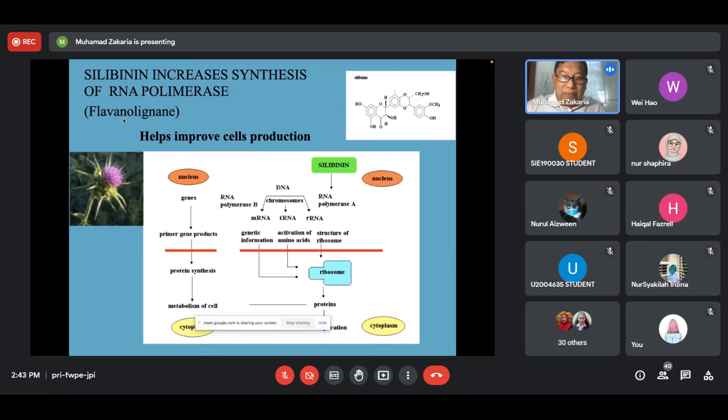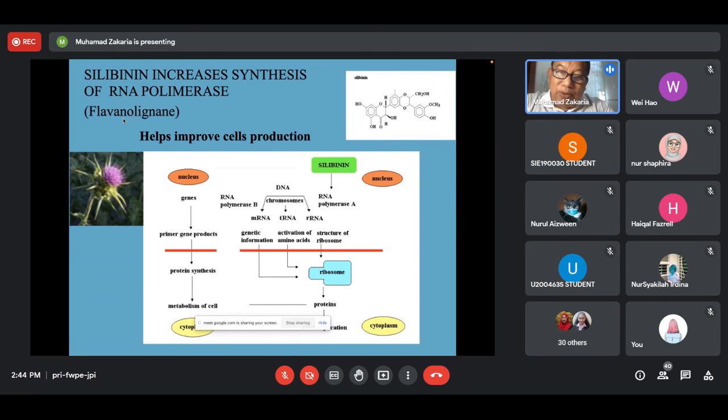So if you have fast growing cells, then it helps to improve your skin structure. That's why sometimes you have some cream which contains silibinin. You apply it, then your skin after a while looks very beautiful, very firm, because of the ability to produce more cells quickly, because our cells are continuously being damaged and continuously being produced.